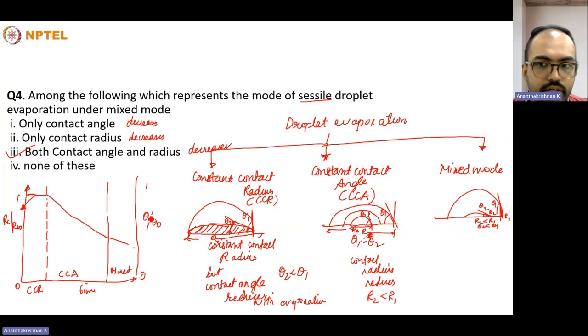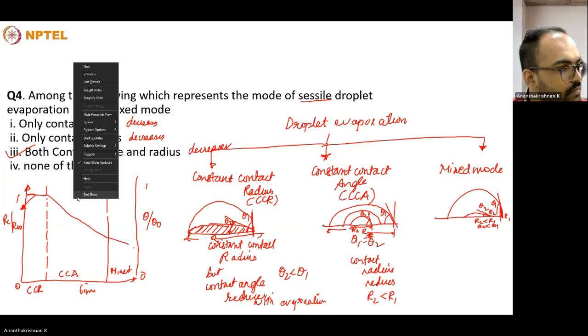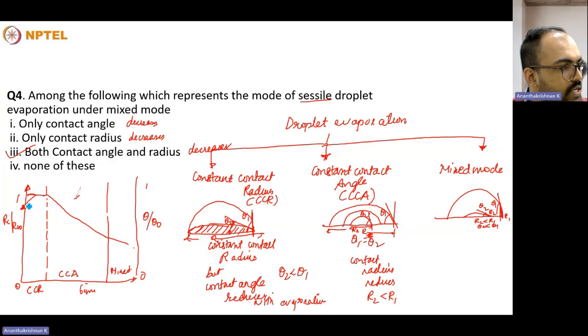Similarly, the theta versus theta zero ratio will be somewhat different. Initially, it will be constant contact radius, so there will be a variation in the angle, and then it will be somewhat constant, and then it follows a similar trend as this. In the constant contact angle phase, theta will be almost constant.